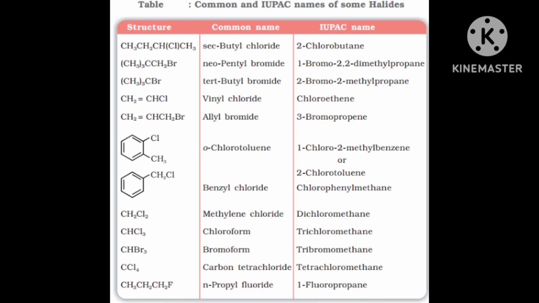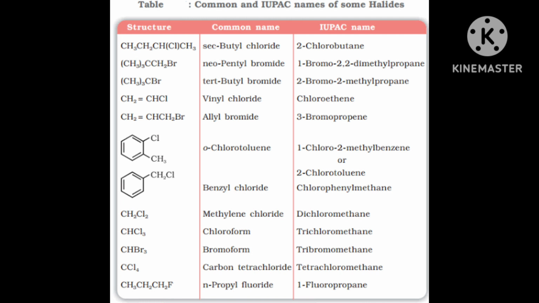Aryl is related to the phenyl group, benzyl group of benzene. Benzene will be there, and from that benzene, halogen will be attached. Sometimes 1, sometimes 2 halogens. Both halogens may be the same, sometimes different. Position will differ. And sometimes 3 different halogens may be there. Their positions will be different.